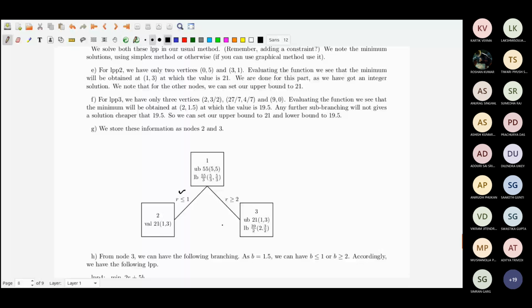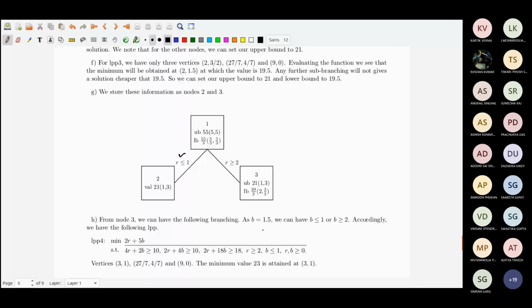So the upper bound is 21 and it can only go down, down and down. So it's okay. And the lower bound, this is actually the value obtained. This is the minimum value for the second one. So since for the first one, over all possible integer points in the first region, the minimum is attained at an integer point, a lattice point 1, 3, and the value is 21. So that finishes the problem there.